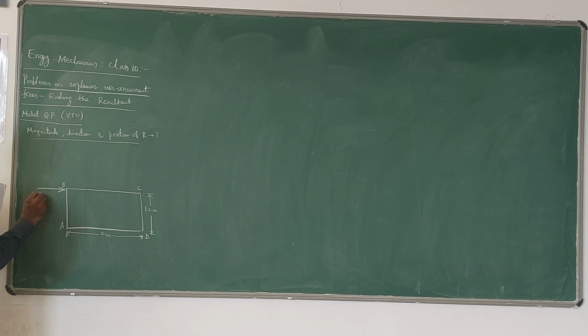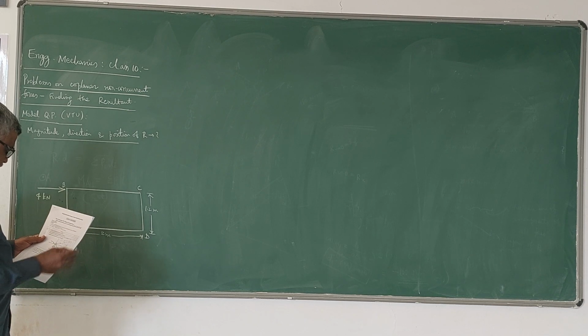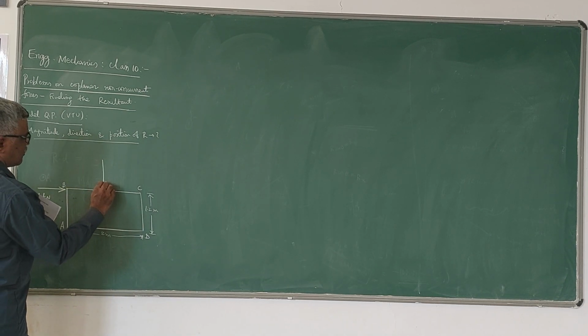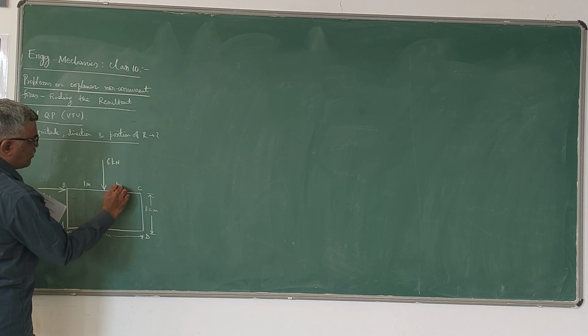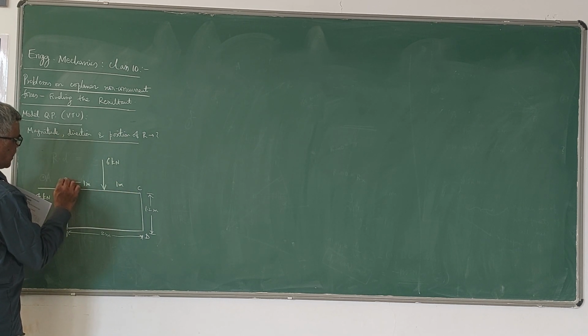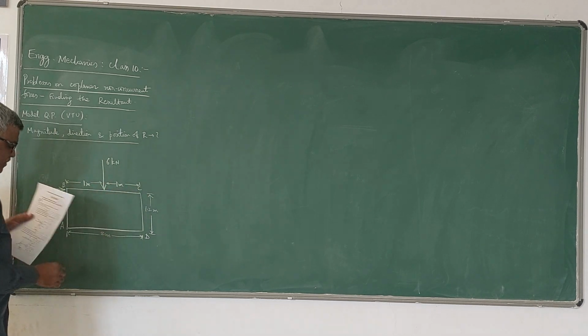There is a 4 kN force towards right, at joint B. There is a 6 kN force, vertical force acting downwards at a distance of 1 meter from B, like this. That is midpoint of BC.